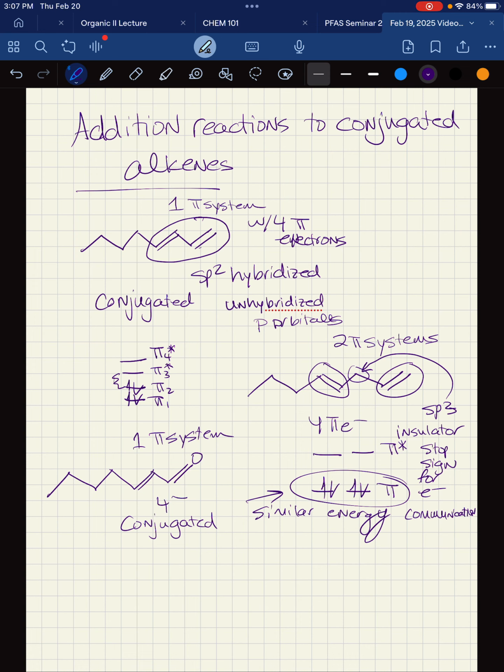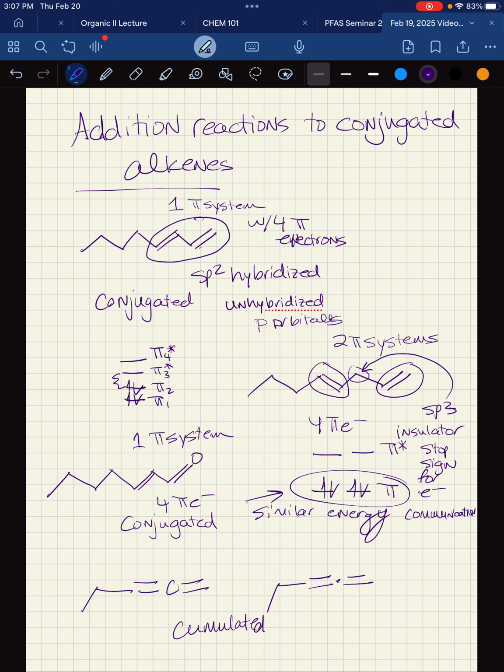Okay, we can also have cumulated systems like this. This can also be represented by a dot in the middle. So these would be called cumulated. These would have 2 distinct pi systems because these would have to be perpendicular with each other, with the same carbon atom having a pi bond on the right and on the left.